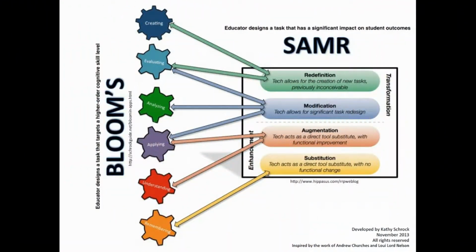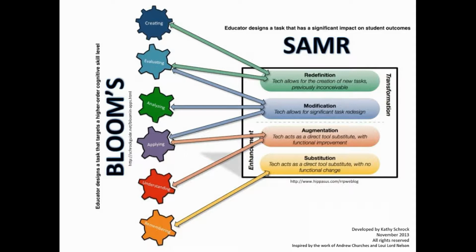Okay, so particularly when we're looking at the SAMR model, the S stands for substitution, right? And an example of that is using technology as a direct tool of substitution with no functional change. And then augmentation is using tech as a direct substitute with functional improvement on the task.